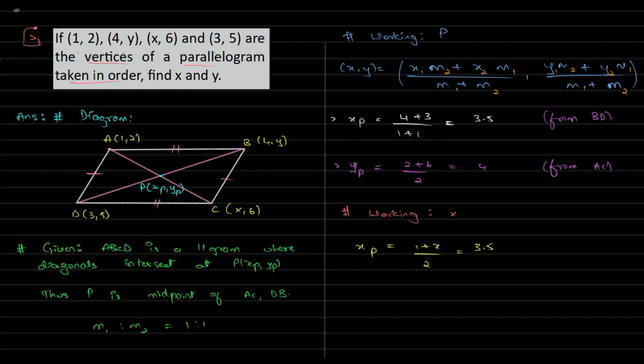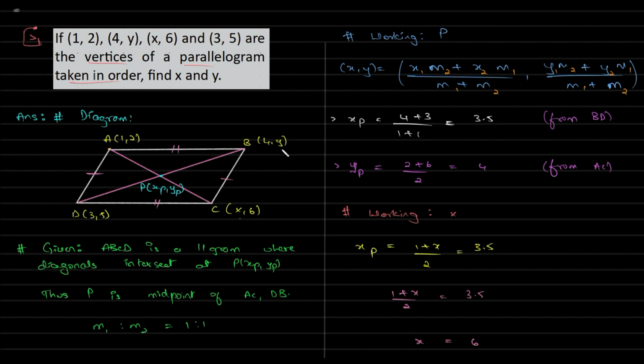Now all I have to do is solve it. So 1 plus X by 2 is equal to 3.5. If you do it mentally, this will be 7, and if you transpose, minus 1, X is equal to 6. So we got X.